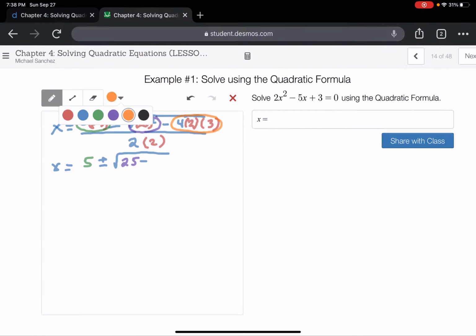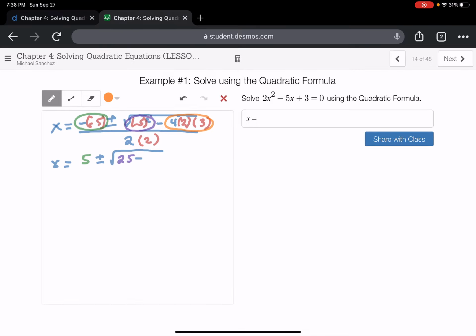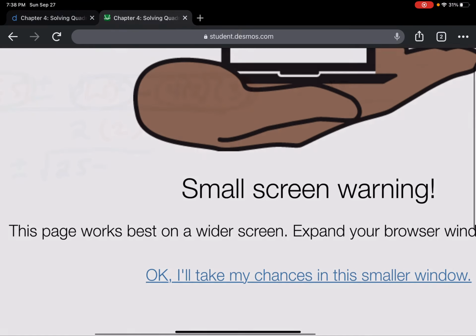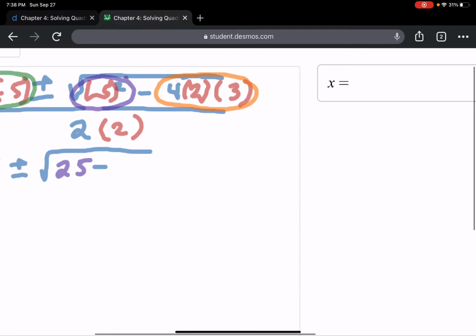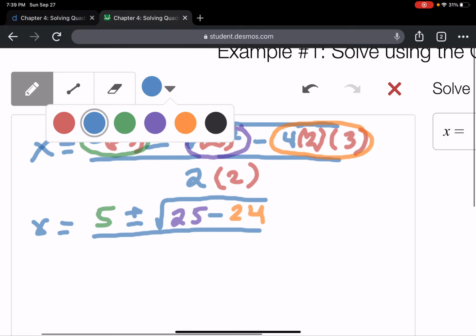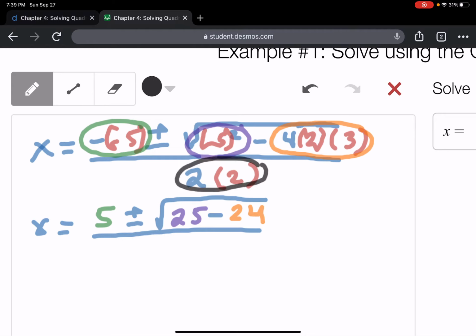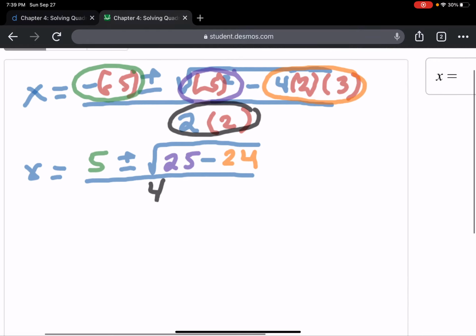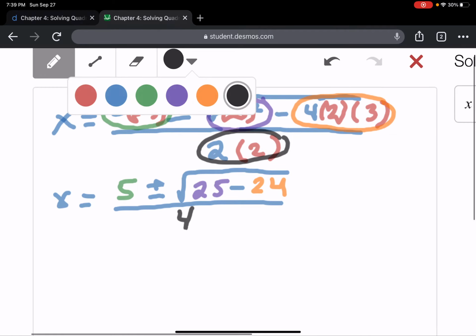So 4 times 2 is 8, 8 times 3 is 24. Okay, and then I'm going to put that all over 2a, which is 2 times 2. So this here becomes just a 4.